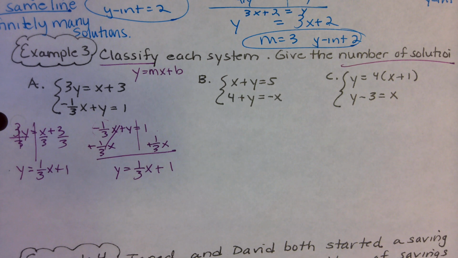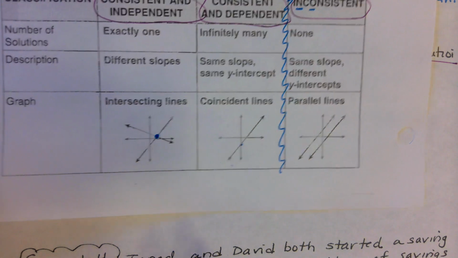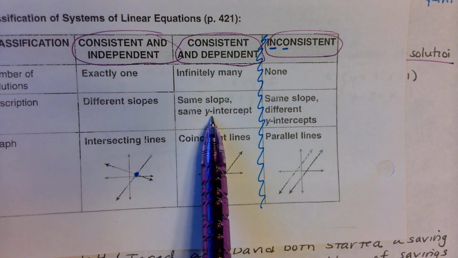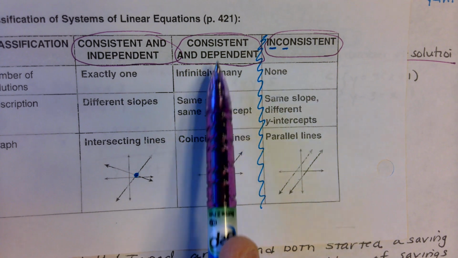So if it's the same line, how many solutions? Yes, infinitely many. So let's classify. So let's look back over here to classify this. The same line, same slope, same y-intercept, infinitely many solutions was called consistent and dependent.